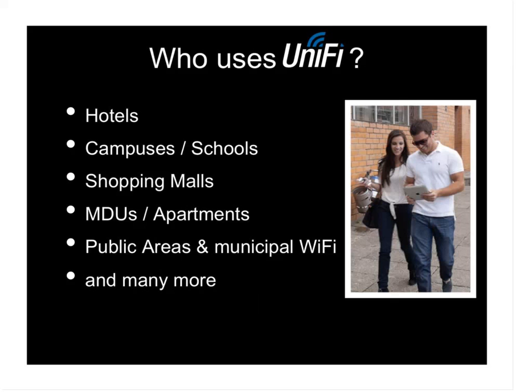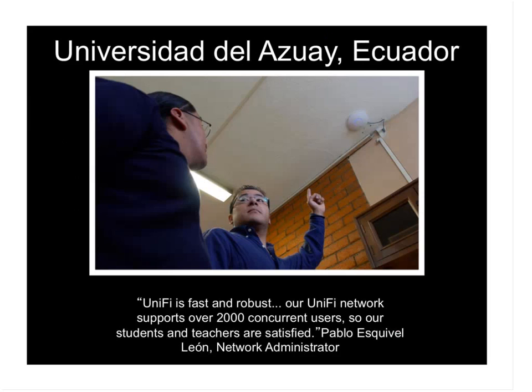We have users who have deployed in apartments, or what are called multi-dwelling units, MDUs. You'll see in a minute we have a bunch of customers who have deployed this in public areas or in stadiums or as a part of a municipal Wi-Fi deployment. So a really broad range, and it really shows the versatility of the UniFi platform. So we'll just cover a few quick examples, and Matt, feel free to chime in here if you want to provide some color commentary.